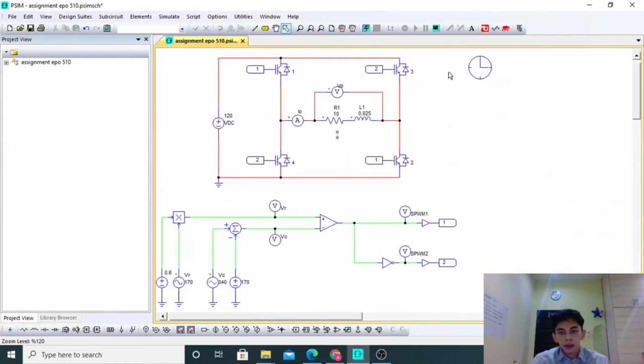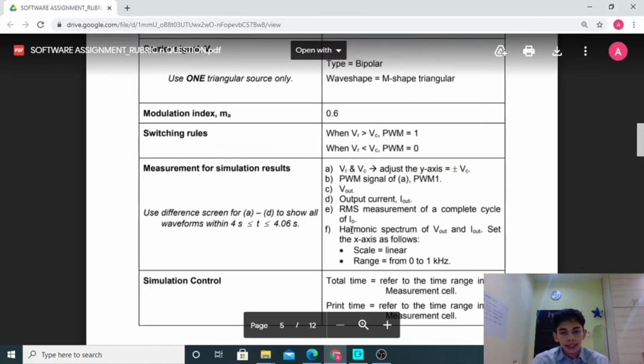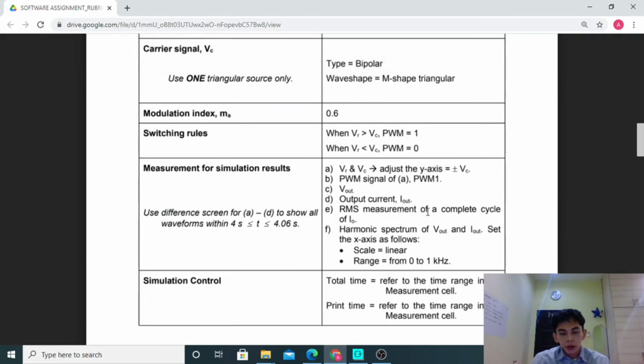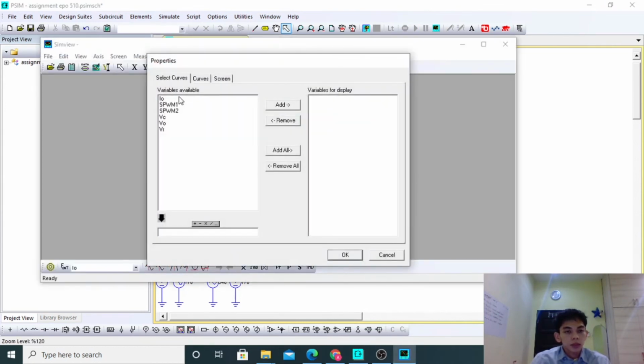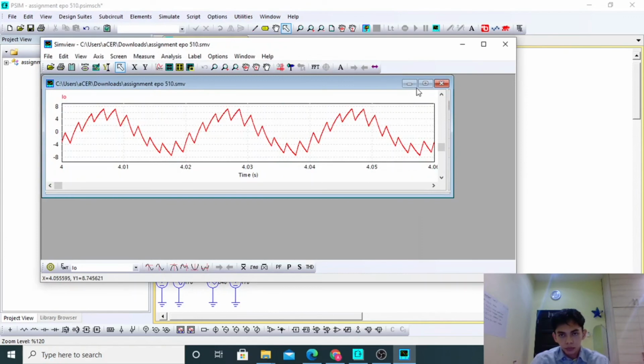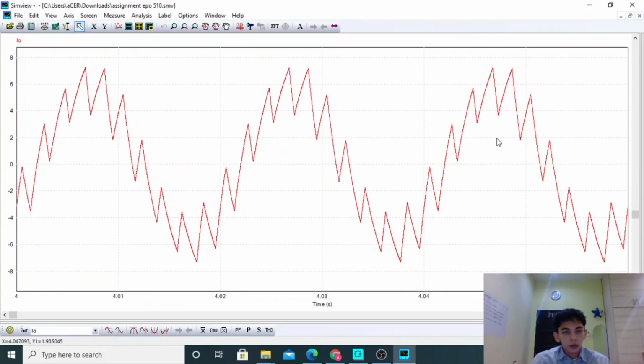So next is the RMS measurement of a complete cycle of I naught. Once more, we want the I naught, so we choose I naught. To measure the RMS, we click here, measure.